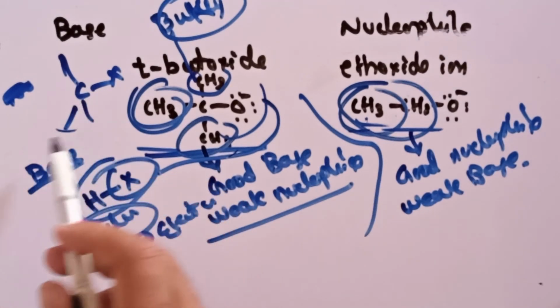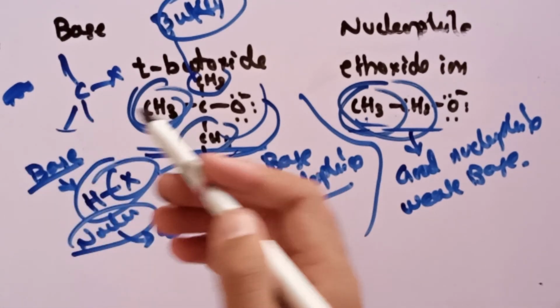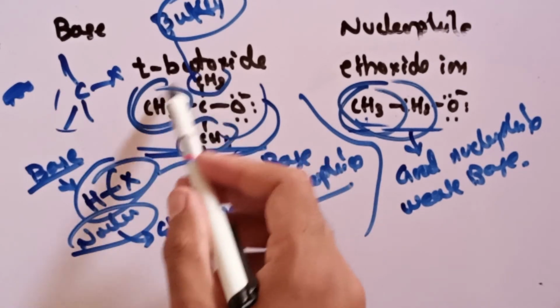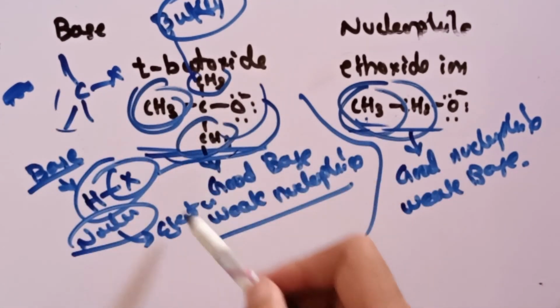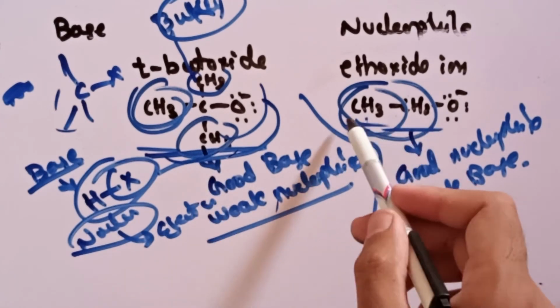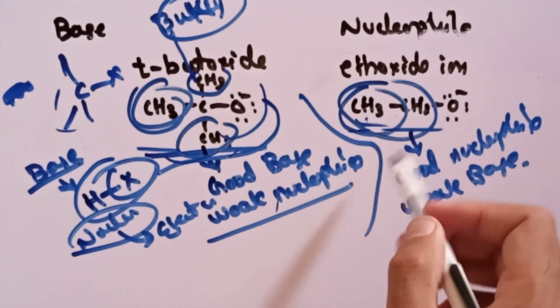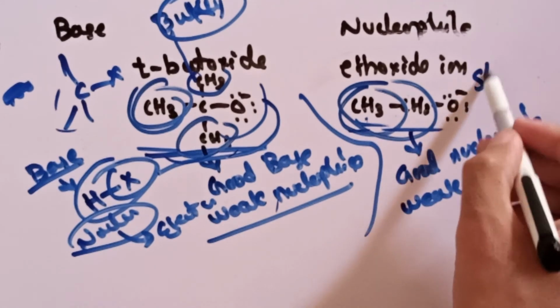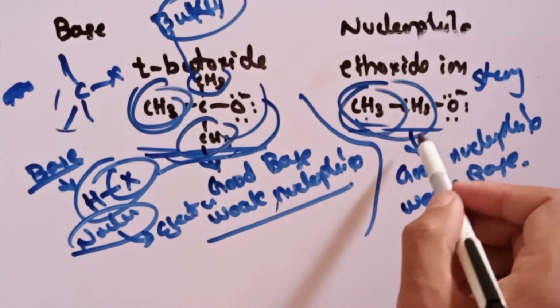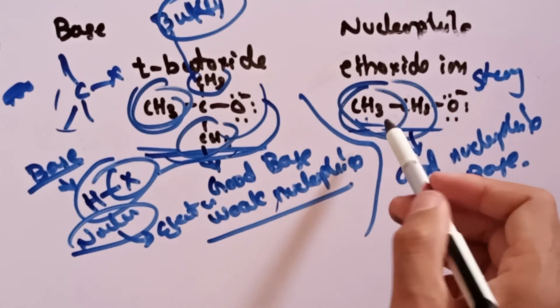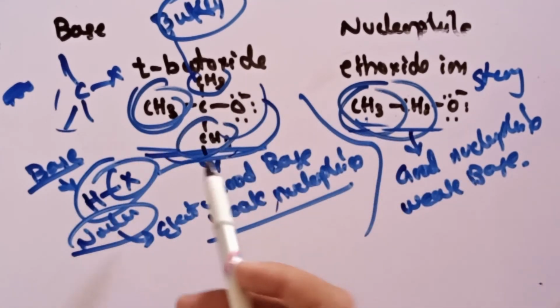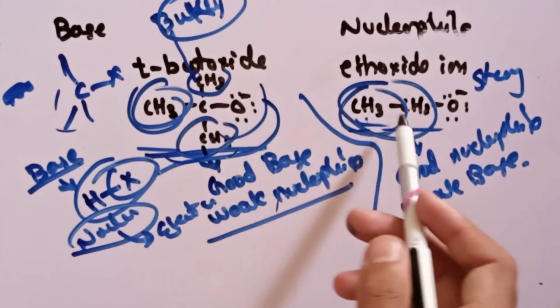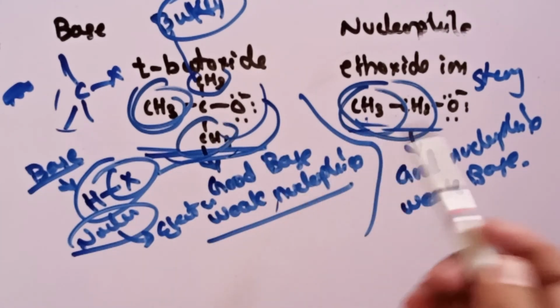It will act as a poor nucleophile. In the case of ethoxide ion, there is very little steric hindrance, because there is only 1 bulky group, while tertiary butoxide has 3 bulky groups. So 3 bulky groups show more steric hindrance, while 1 bulky group shows less.